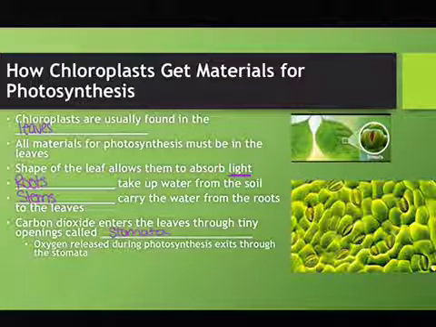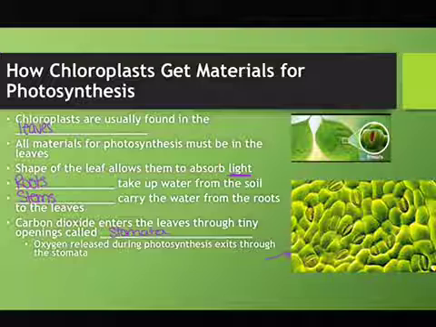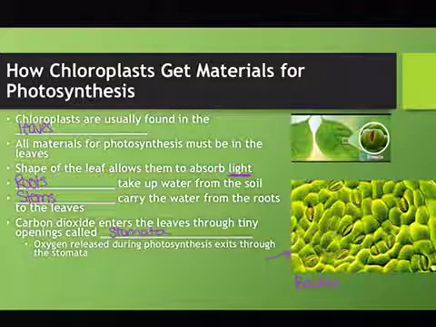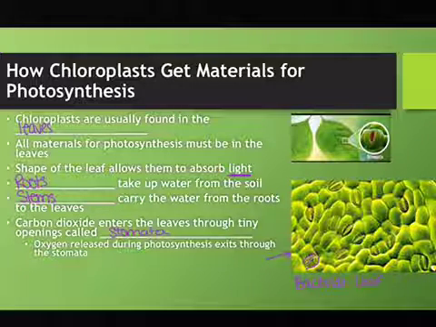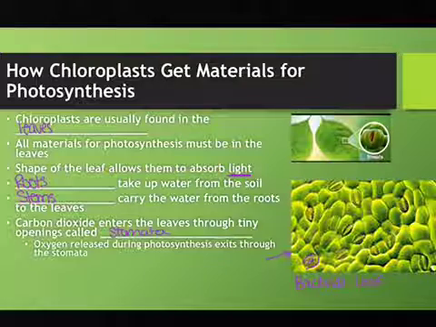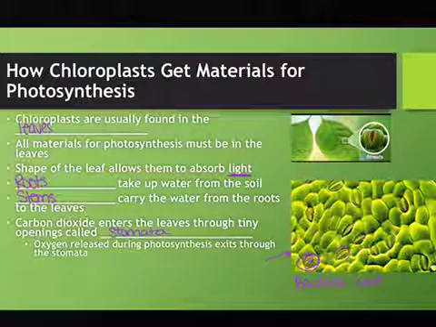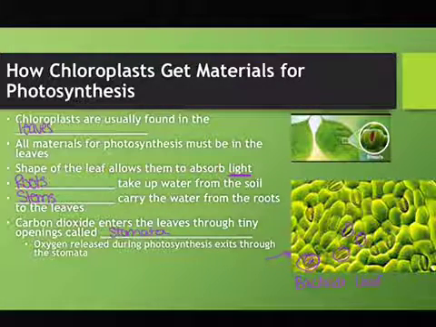And if you look at this image right here, this is on the back side of a leaf, and it's under a microscope, and you can see these oval shapes, and then you can kind of see how there's a little opening in there. Those are the stomata. So here's one stomata, 2, 3, 4, and so on.